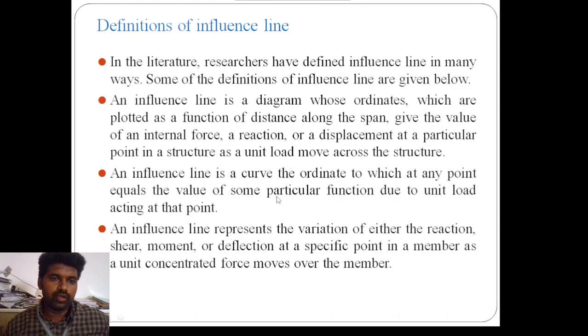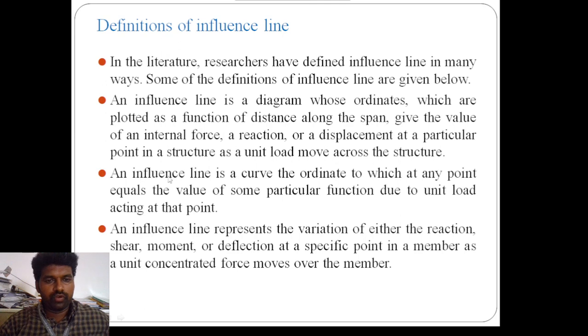So, definition of influence line. In the literature, researchers have defined influence line in many ways. Some of the definitions are given below. An influence line is a diagram whose ordinates, which are plotted as a function of distance along the span, give the value of an internal force, a reaction, or a displacement at a particular point in a structure as a unit load moves across the structure.